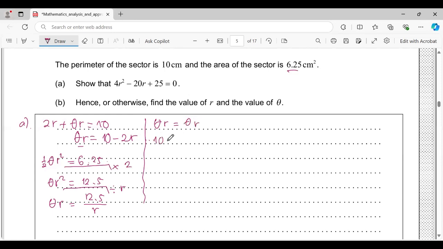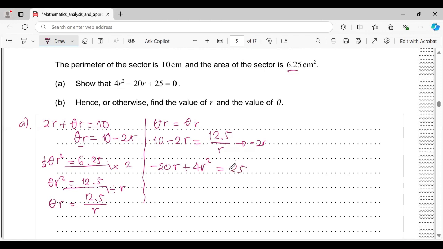It means 10 minus 2r equals 12.5 over r. And then multiplying by r, minus 2r becomes minus 20r plus 4r squared equals 25.